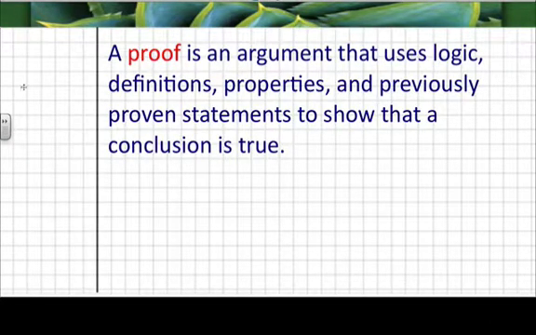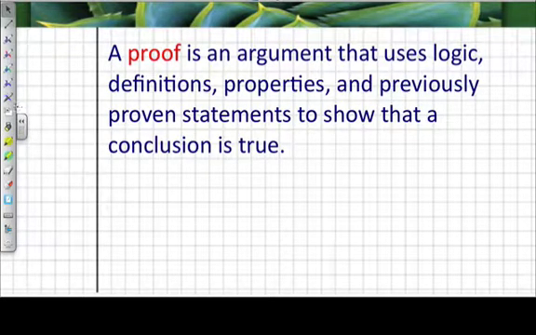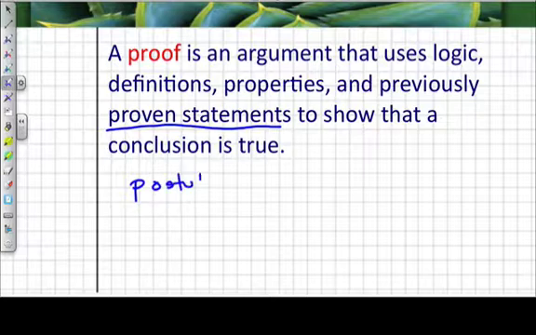All right, so a proof is an argument that uses logic, definitions, properties, and previously proven statements to show that a conclusion is true. So when we talk about previously proven statements, there's a few things that we're going to be able to use. Obviously definitions, some different properties which we'll talk about in a second, but we're also going to be able to use any postulates that we've already learned, and we're also going to be able to use what we call theorems that we've learned or have already proven.